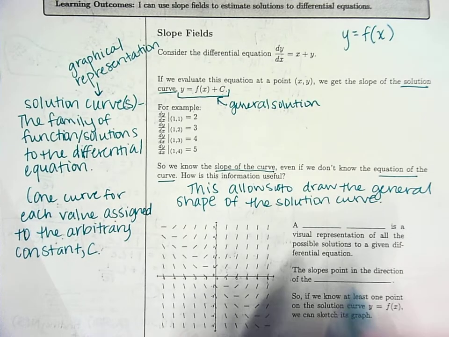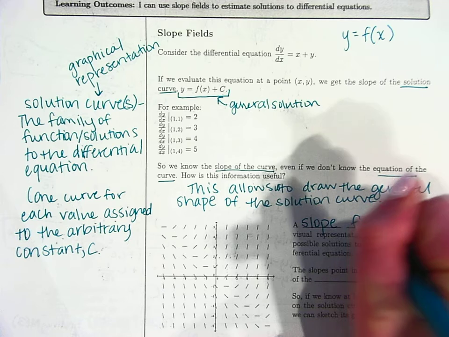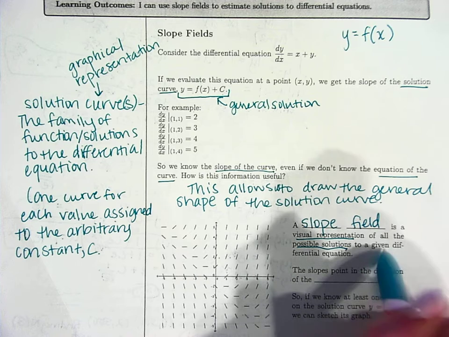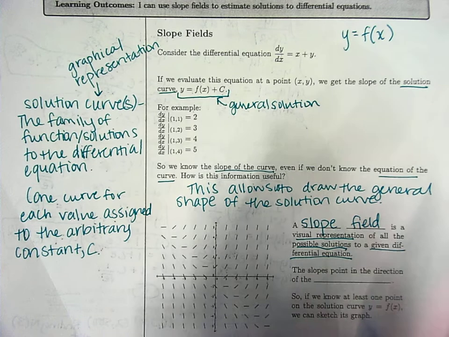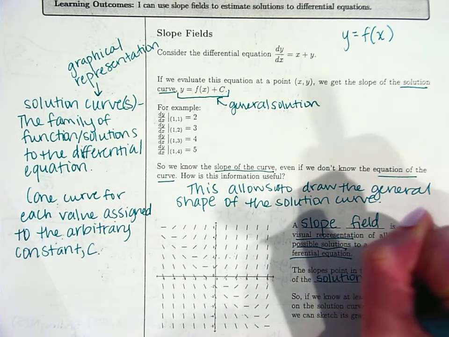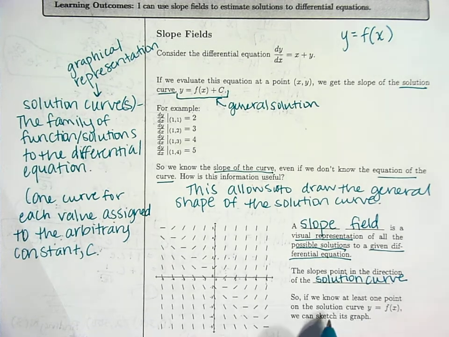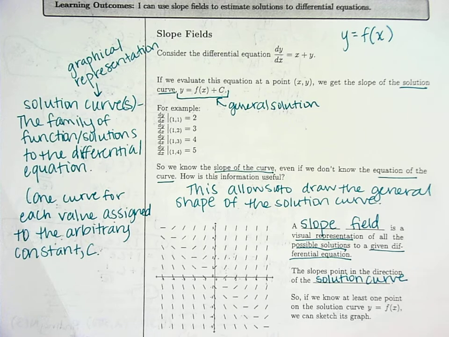Scooting down. A slope field is a visual representation of all of the possible solutions to a given differential equation. The slopes point in the direction of the solution curve. So if we know at least one point on the solution curve, y equals f of x, we can sketch its graph.